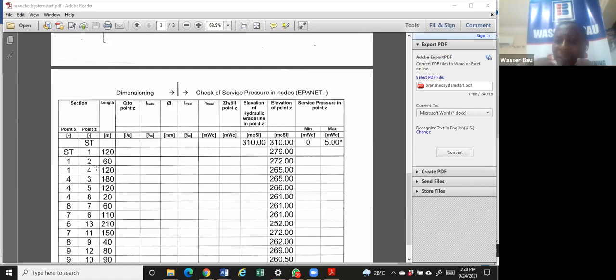What flow am I trying to conduct safely? If the flow is much, the diameter will be much. If the flow is small, the diameter will be small. So if you make a mistake, the water will not flow, or there won't be adequate water for the end consumers. And that is why it's important that you understand how to achieve both.